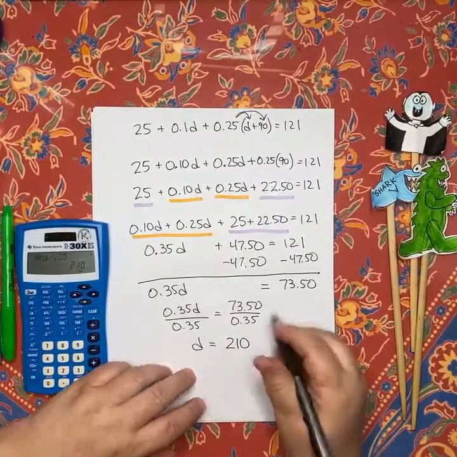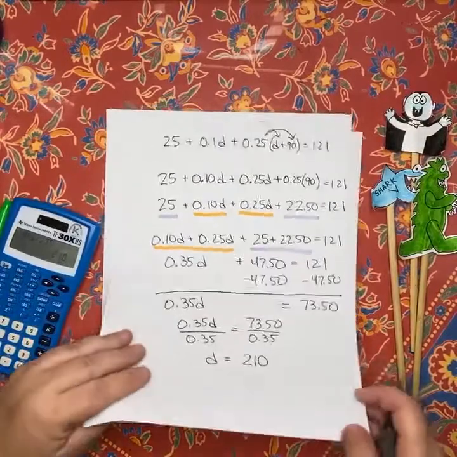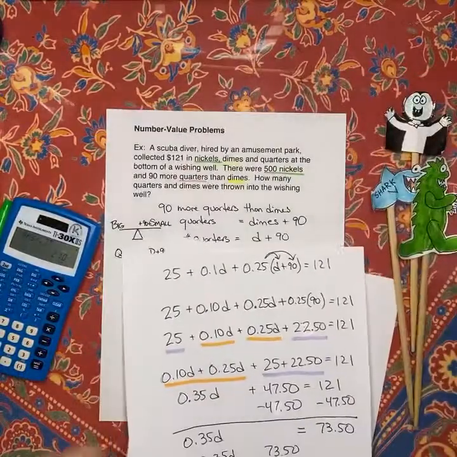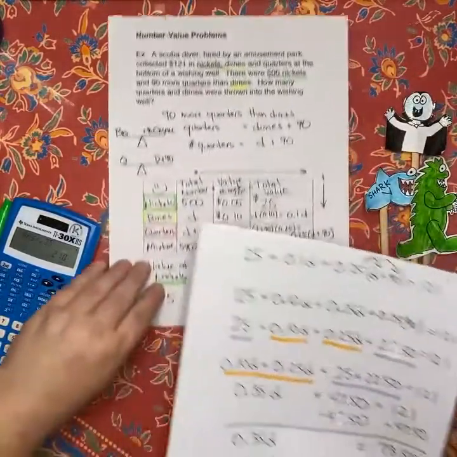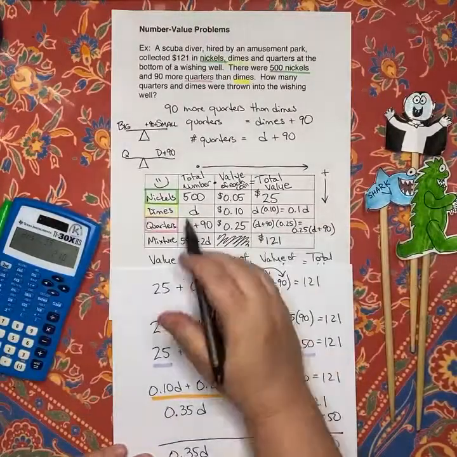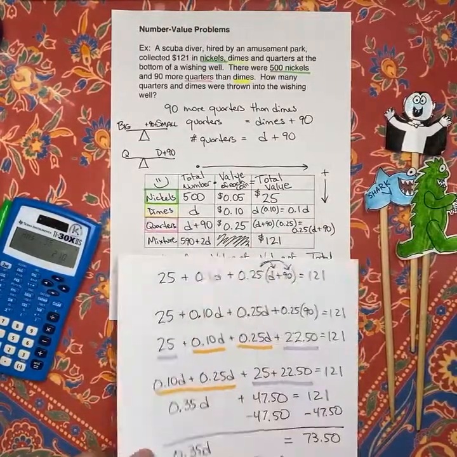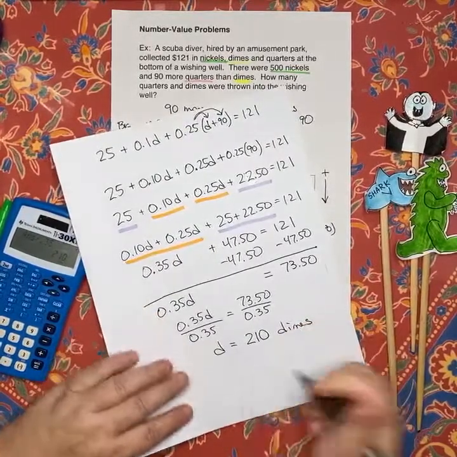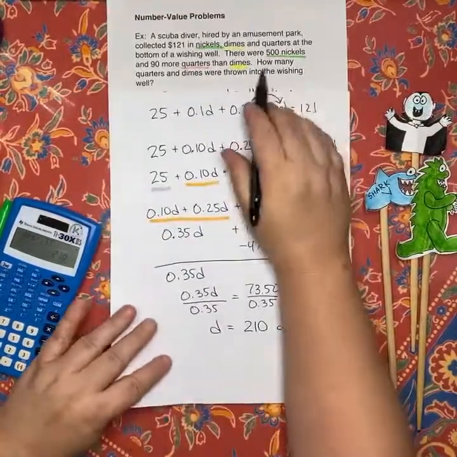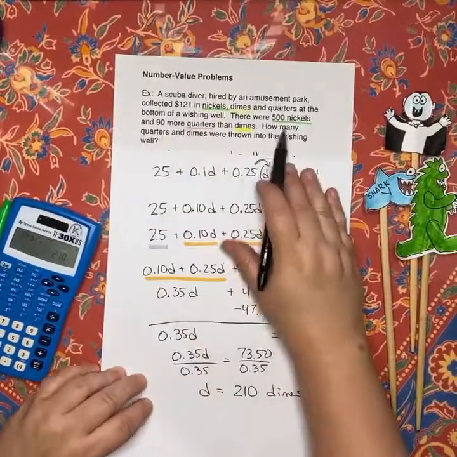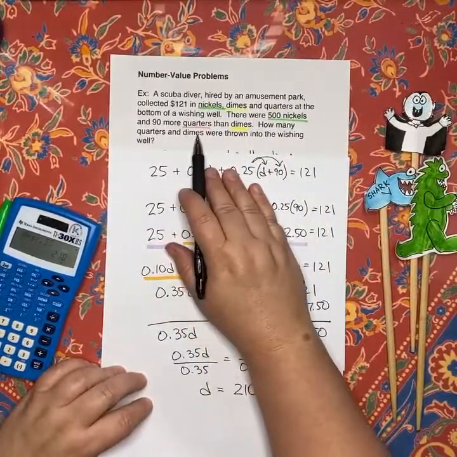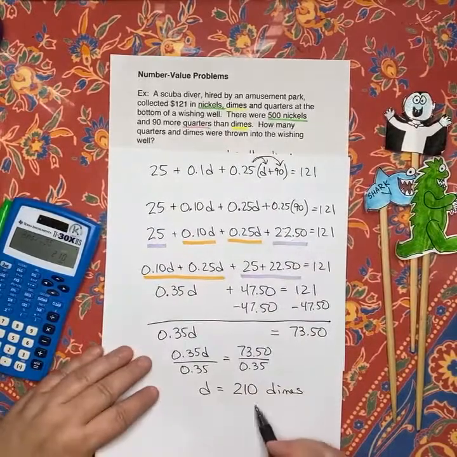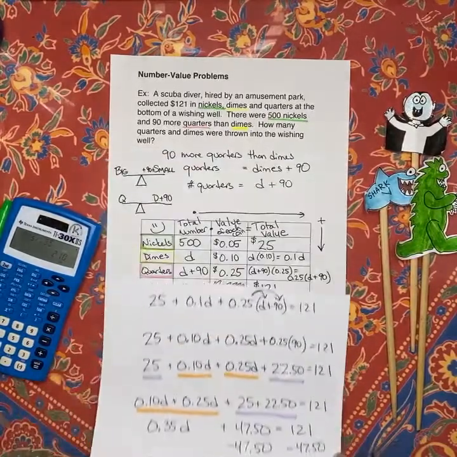So 210, and let's go back to the original problem. I picked D to represent dimes. So that's 210 dimes. And then it asks how many quarters and dimes. So I'm not quite done yet. That's the dimes, and then I have to find the quarters.